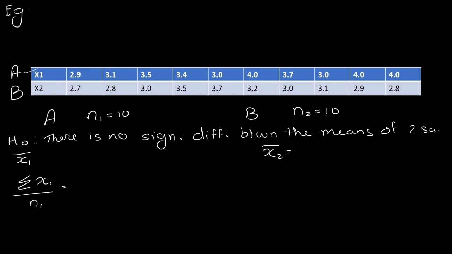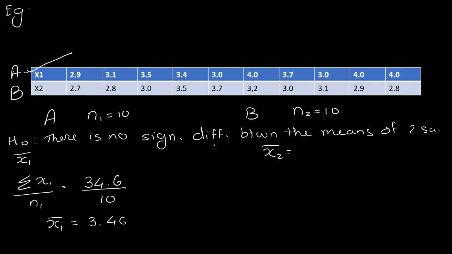The summation of 2.9 plus 3.1 plus 3.5 and so on comes out to be 34.6, divided by n1, which is 10.